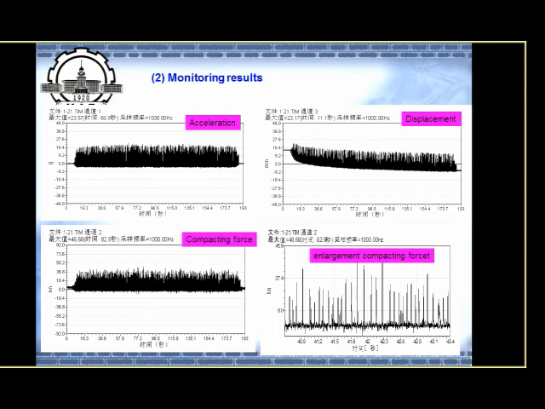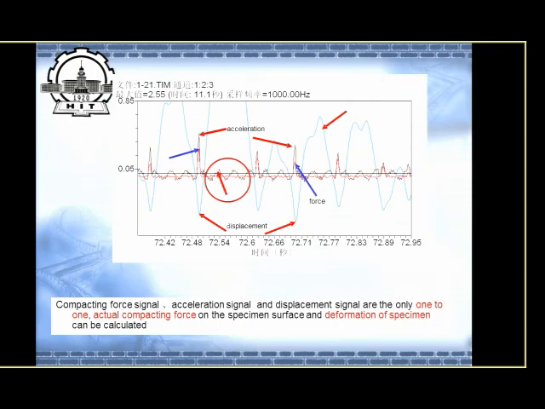This is the monitor result. This is the acceleration. This is the displacement. This is the vibration beginning. This is the end. This is the actual compacting force. This figure has put 3 signals in one figure.